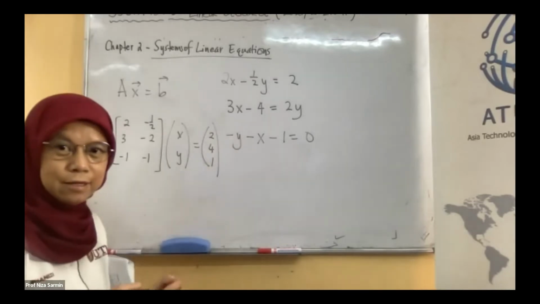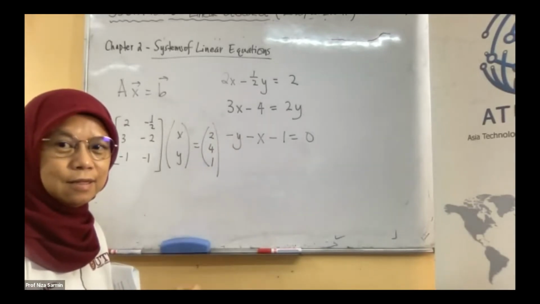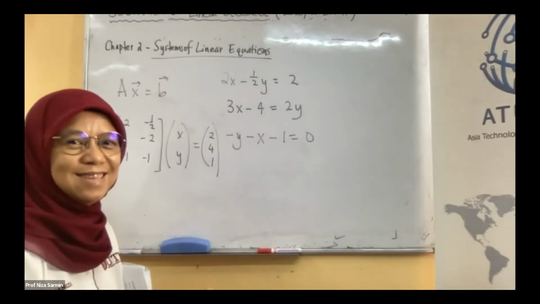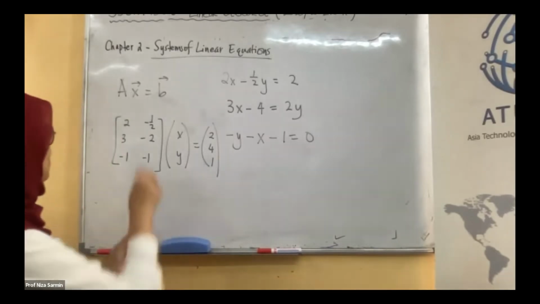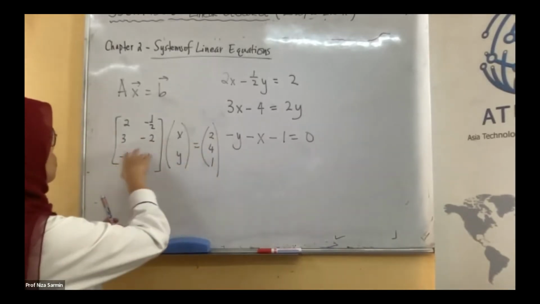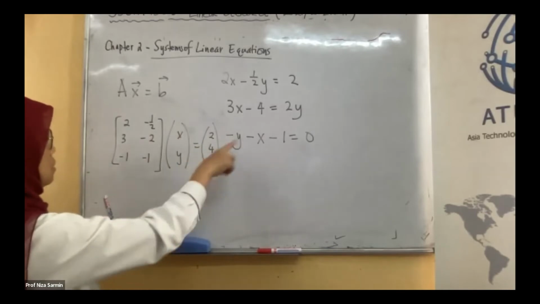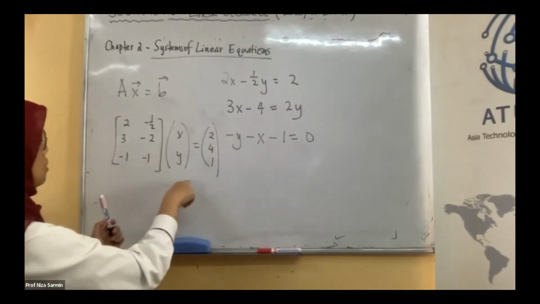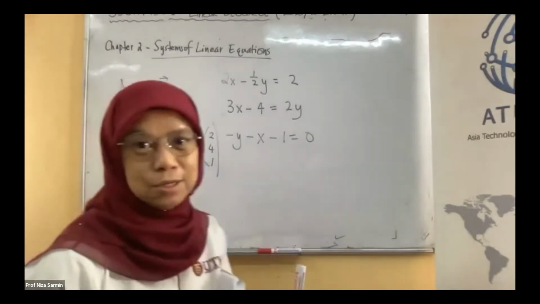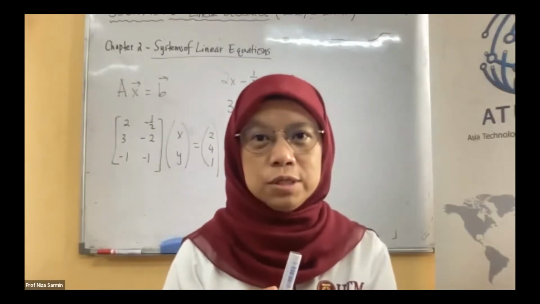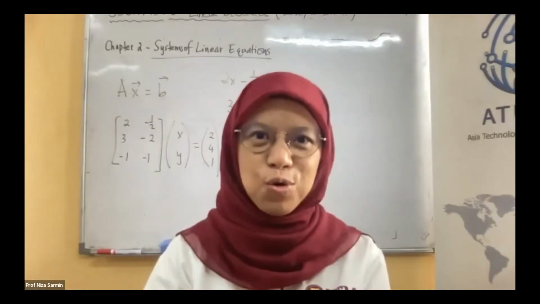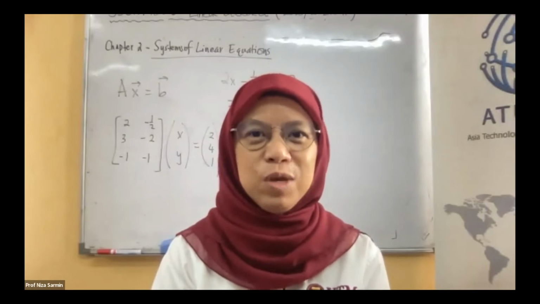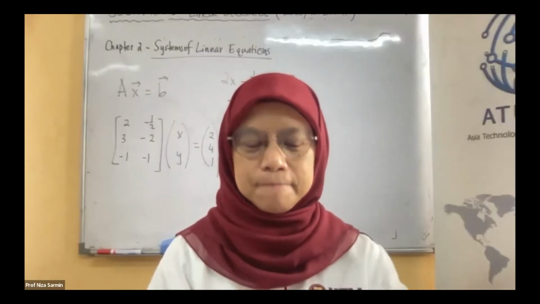Right? So x minus half y is 2, 3x minus 2y is 4, negative x minus y is 1. So this is an example in which the question did not follow the right order, but we have to follow the right order. Yeah? Okay.